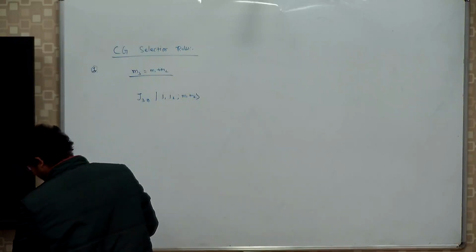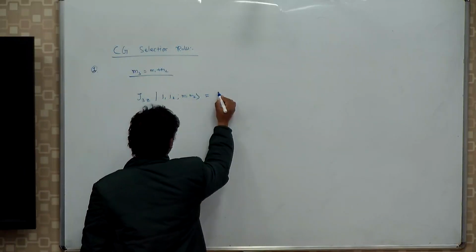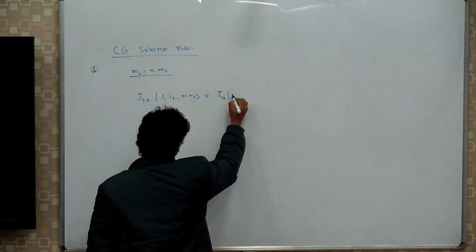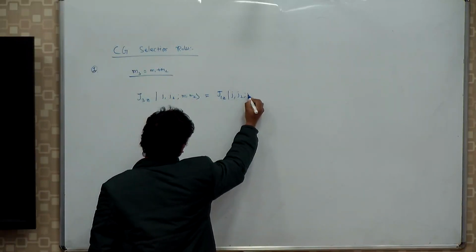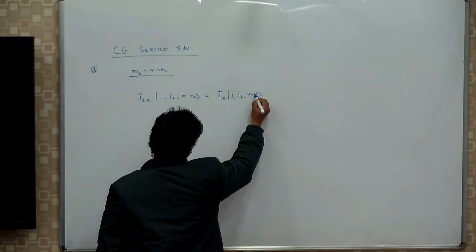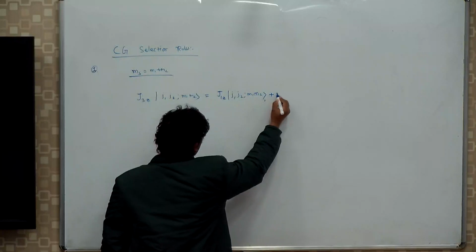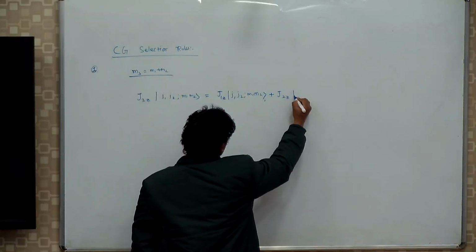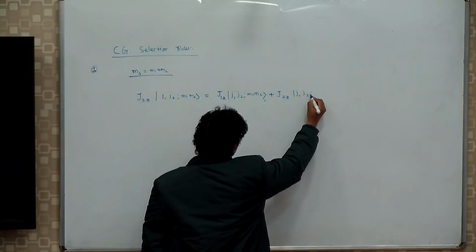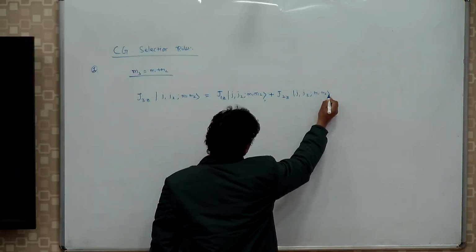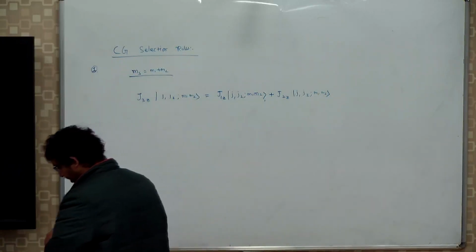We have already discussed that J3Z acting on |J1, J2, M1, M2> equals J1Z acting on |J1, J2, M1, M2> plus J2Z acting on |J1, J2, M1, M2>.